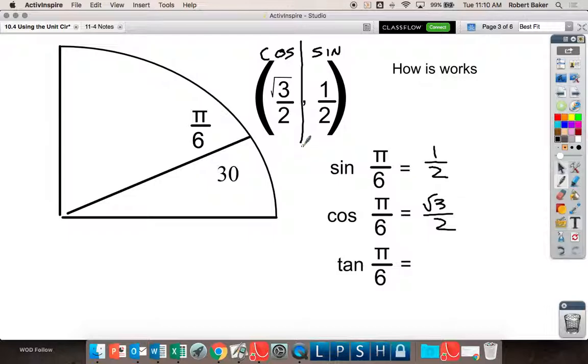Is that for every single coordinate on the unit circle? Every single coordinate on the unit circle. Like on the test, he's going to give us a coordinate. There is no coordinate on the unit circle that's not there because the unit circle only has those specific coordinates.